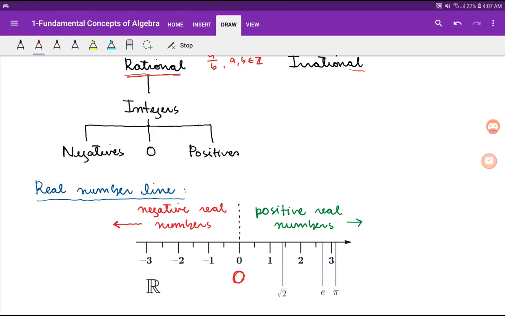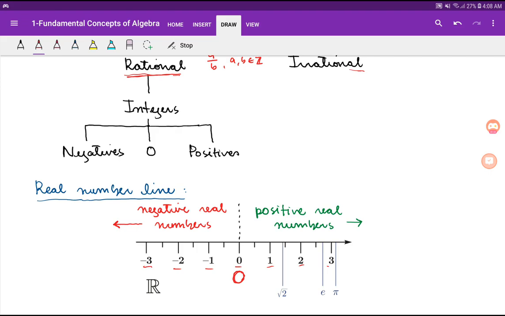To the right of 0 are the positive real numbers, whereas to the left of the origin are the negative real numbers. Here we have negative 3, negative 2, negative 1, 0, 1, 2, 3. The numbers 1, 2, 3 are what we know as natural numbers. Zero, 1, negative 1, negative 2, negative 3 are the integers.